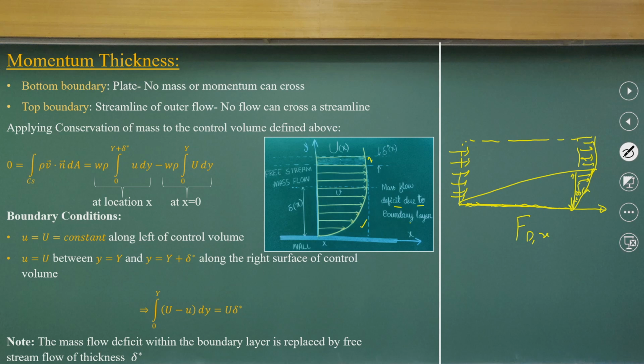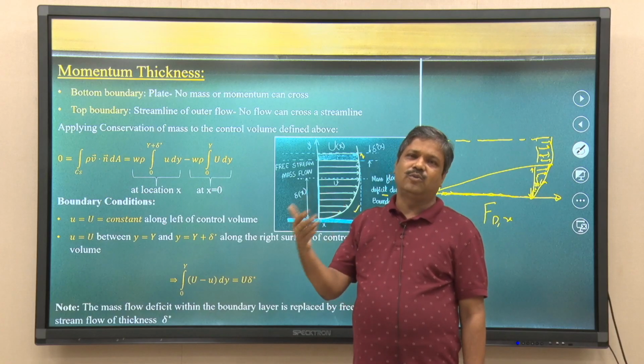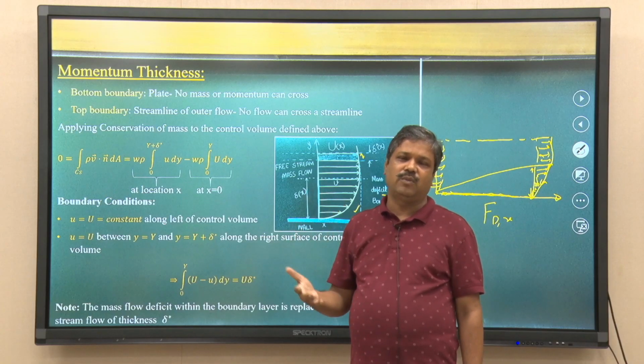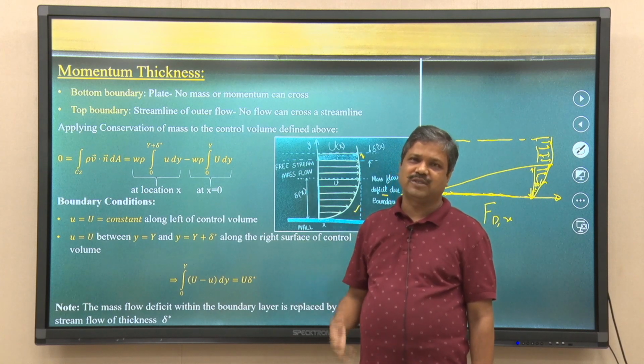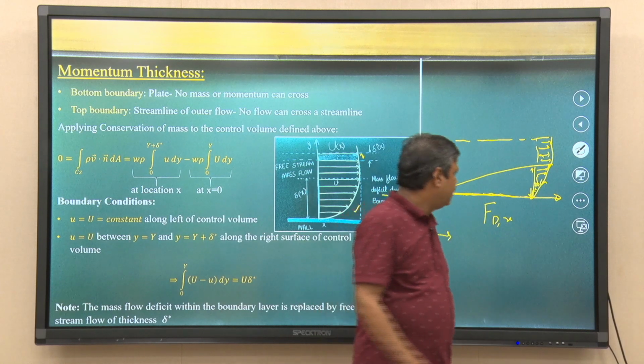The same concept is coming here, but now we will use it as we have done for the integral approach. We will equate the momentum flux, influx and outflux, and then try to find what the drag force would be. This is a simple case representation. If you take a control volume and equate the momentum flux in and out, you can find the drag force acting on this plate.